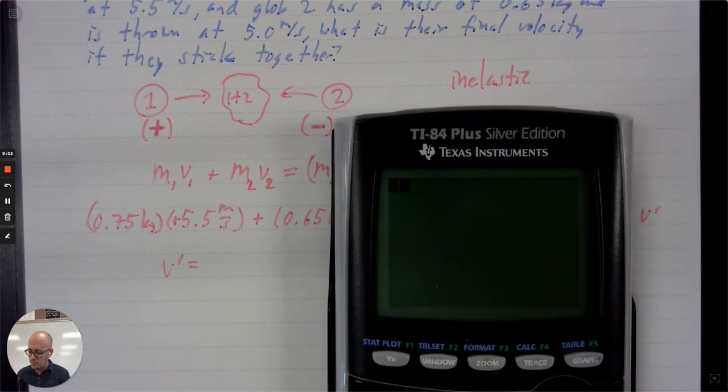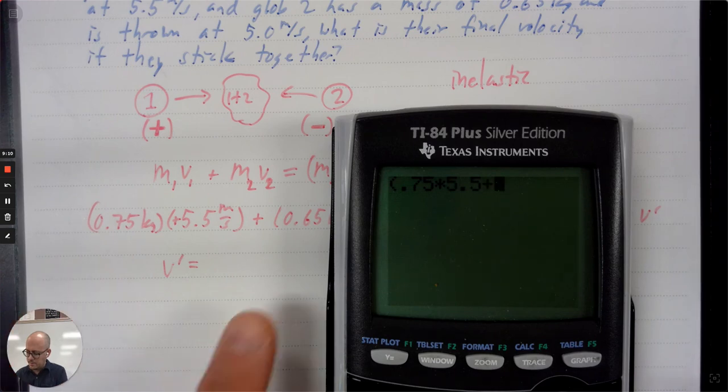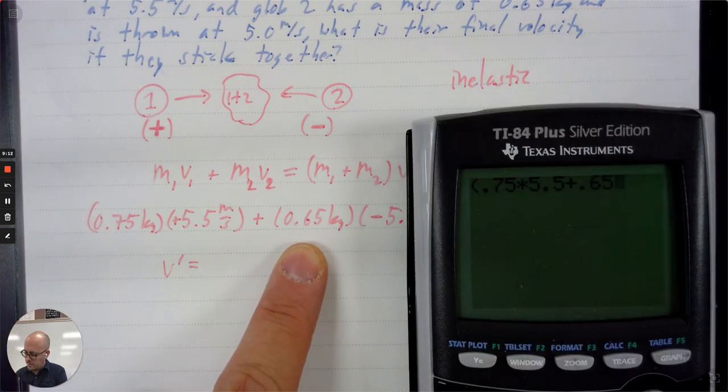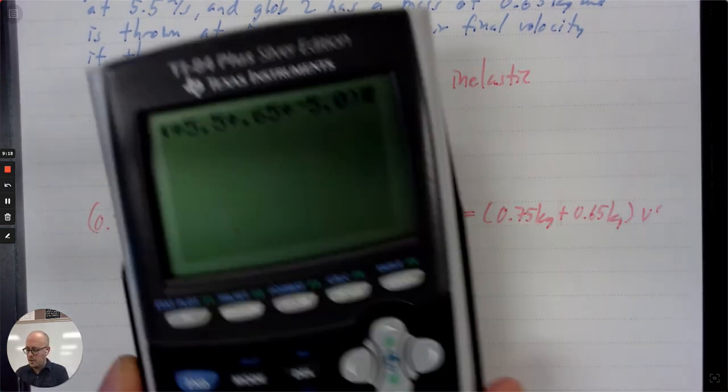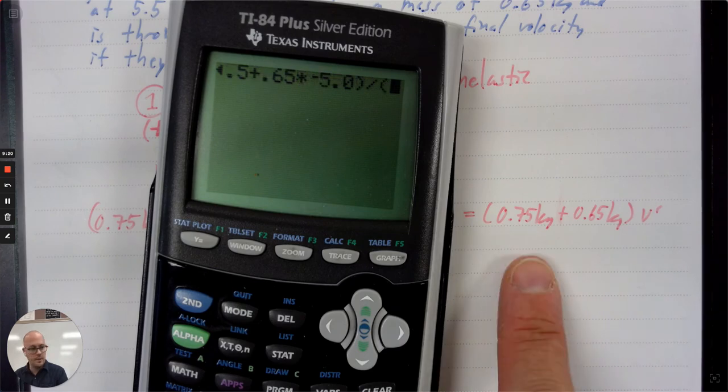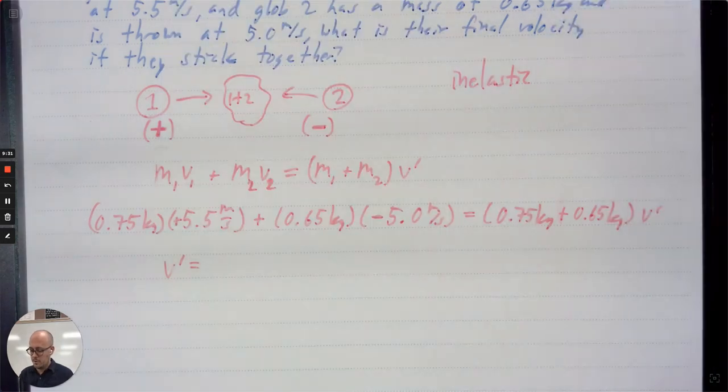The numerator of my calculation is going to be 0.75 times 5.5 plus 0.65 times negative 5.0. And then I'm going to divide that by their combined mass, 0.75 plus 0.65. And I get 0.625. And the important thing to recognize is I got a positive number.